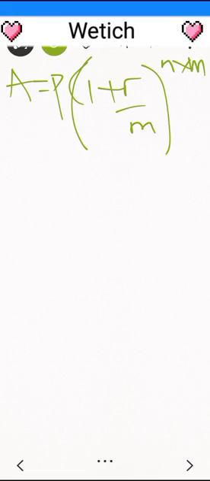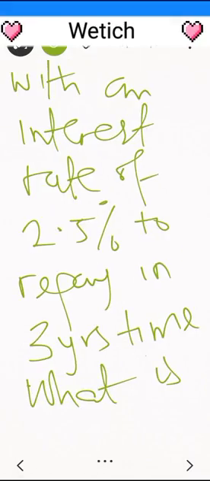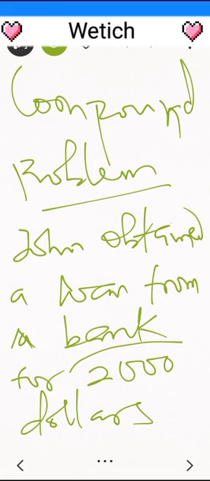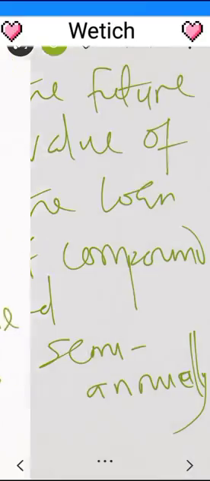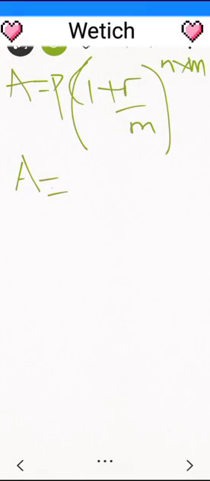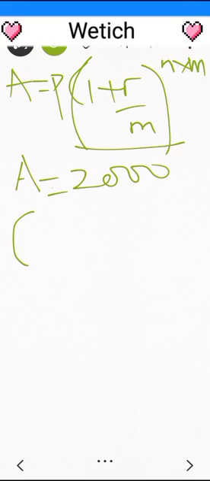Now your P is the present value of the loan, and according to the question, the present value of the loan is $2,000. Now the rule is, first solve for the bracket.